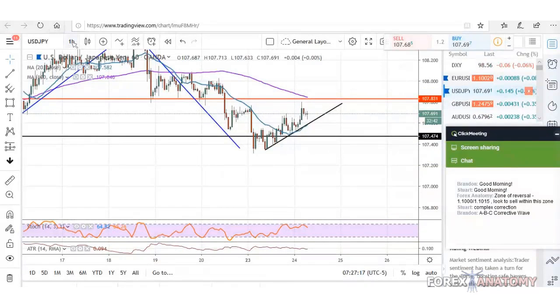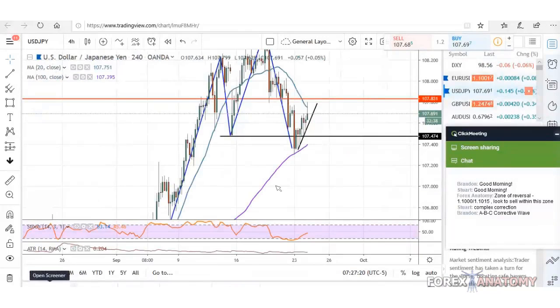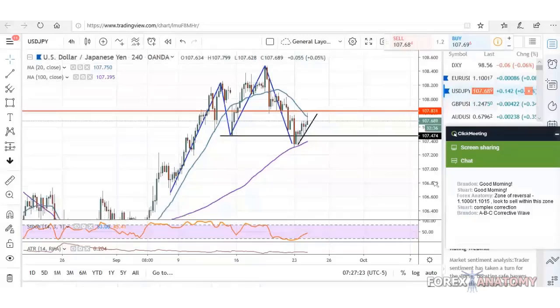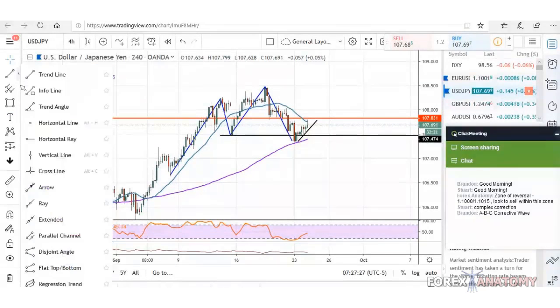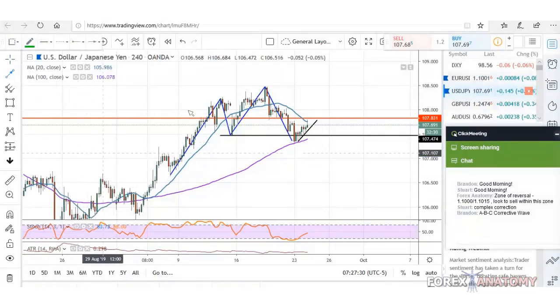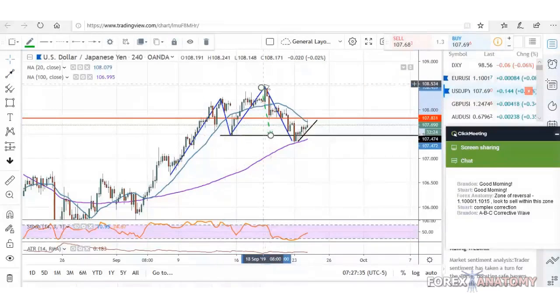But let me go to the 4-hour chart first, and let me share what could potentially happen. So we have this move right here from this, which is considered a head, all the way down to the neckline.